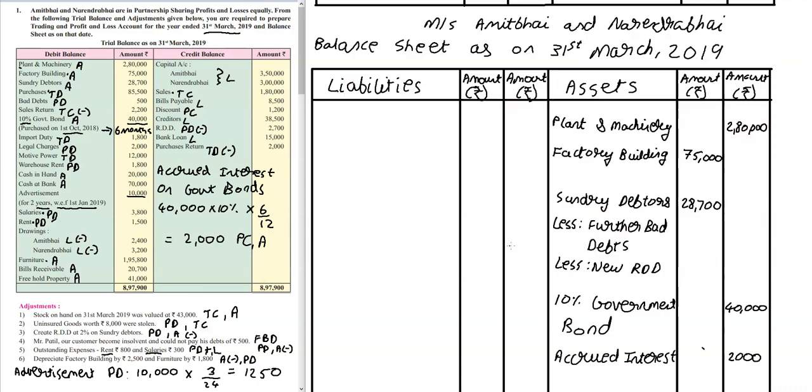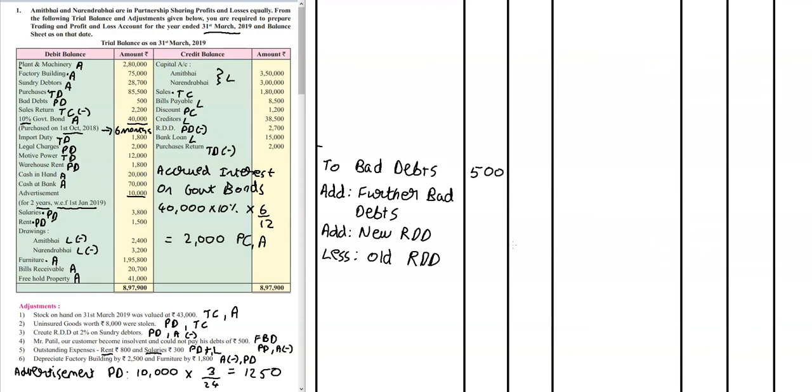Now, going back up to the P&L credit side, we leave the first line for what should hopefully be a net profit, and below that we're going to have by accrued interest, outer column 2,000.